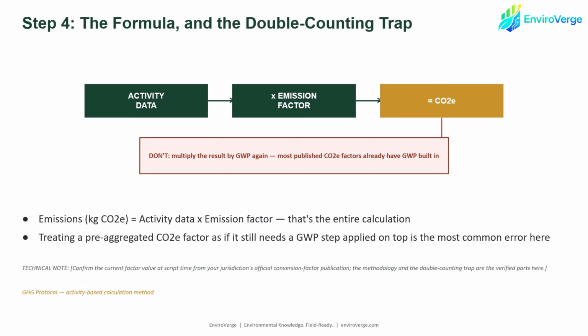The factor does the conversion. If you multiply by GWP again, you've double counted. Your number is materially wrong. It will be caught in a third-party verification. Check your factor. If it's expressed as CO2e per unit, the GWP is inside it. You don't add it, you're done.